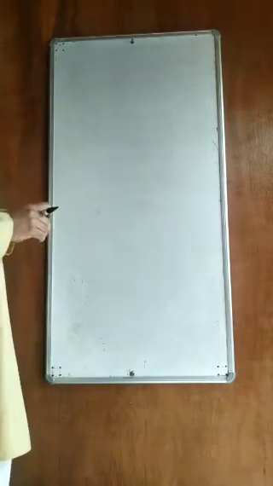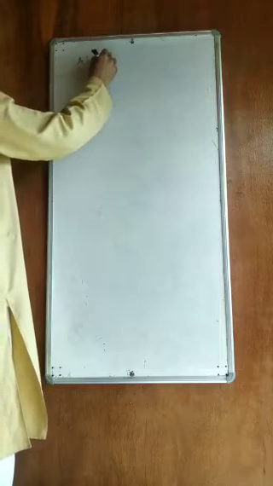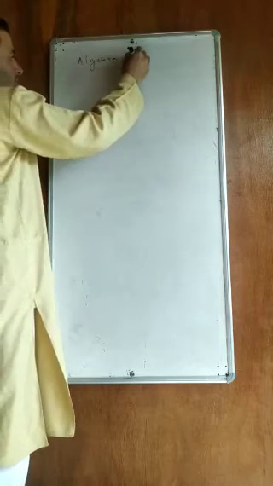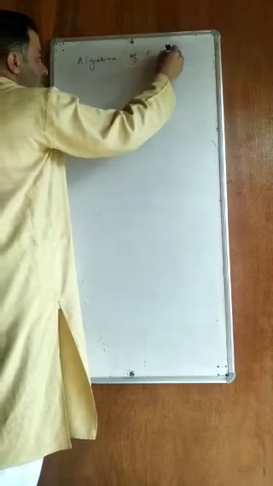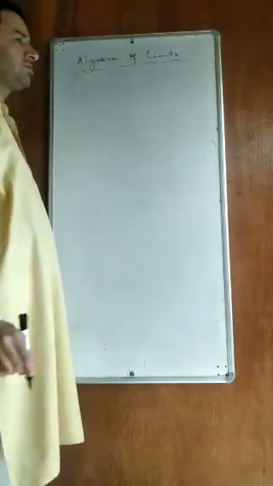ठीक है, तो बेटा यहाँ पे हम बात करेंगे अलजेब्रा ऑफ लिमिट्स की। अलजेब्रा ऑफ लिमिट्स, very important topic. In order to solve some basic limits, we must know this algebra of limits.